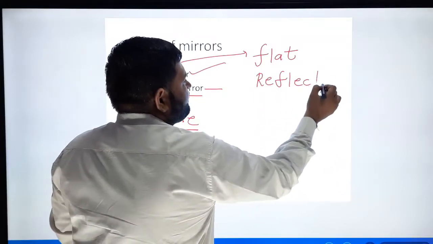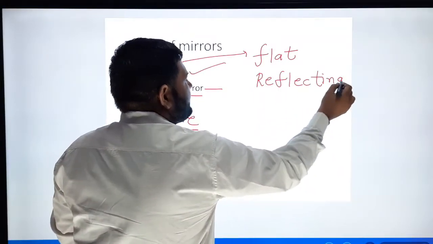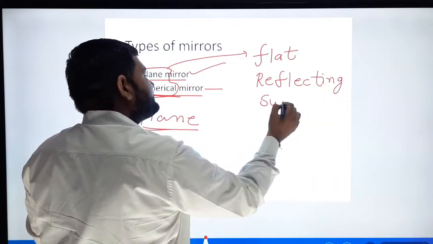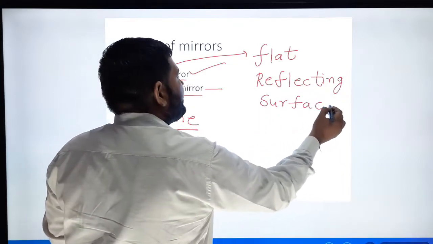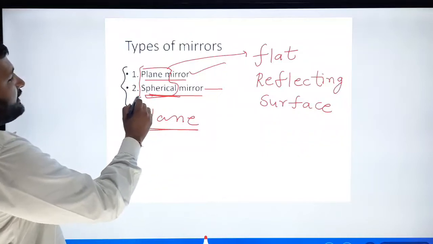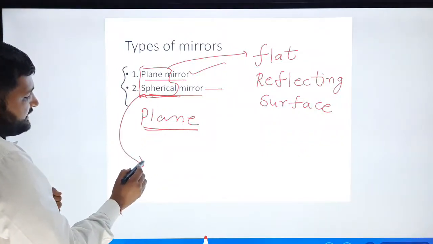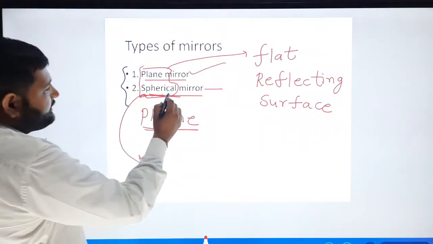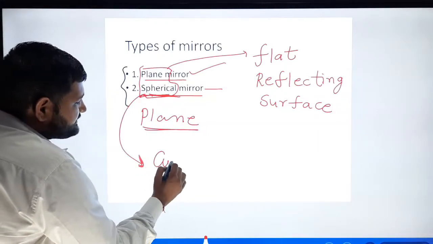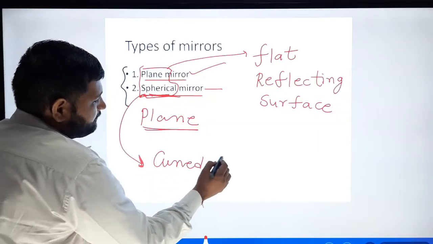The mirror which has the flat or plane reflecting surface is called plane mirror, and the spherical mirror, as its name implies, has the reflecting surface in curved shape.